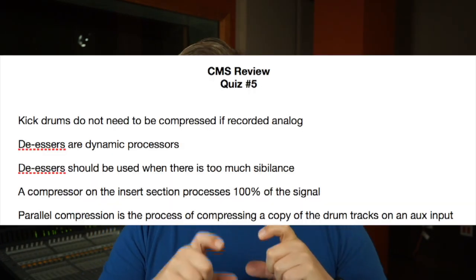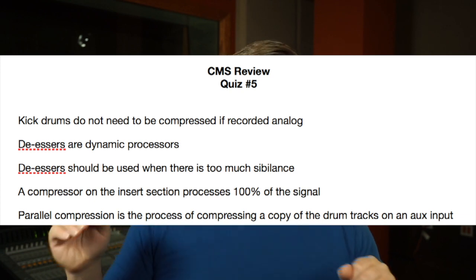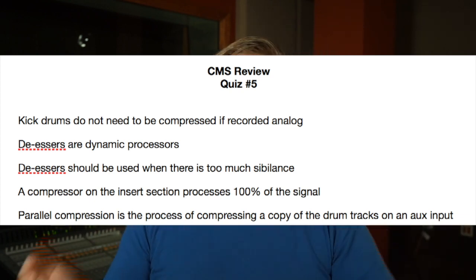And if you're not getting enough body, if it's not enough fullness, if it's not fat enough, if it's not John Bonham-y enough for you, then you can do this where you send everything to an aux track and overcompress that aux track, so you combine that parallel compression of the drums in with your dry signal, and it sounds good. It sounds fatter.